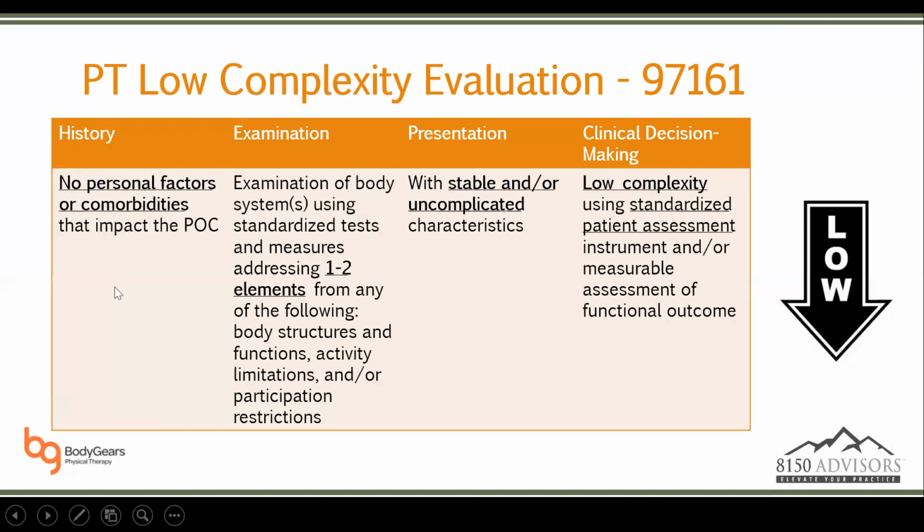Comorbidities are your traditional medical comorbidities, such as diabetes, obesity, etc. 1 to 2 elements, we always, when we do our examinations, our evaluations, we're always doing more than 1 to 2 elements. Those are things like strength, endurance, range of motion, joint mobility, all the things that you are testing and checking during your examination.